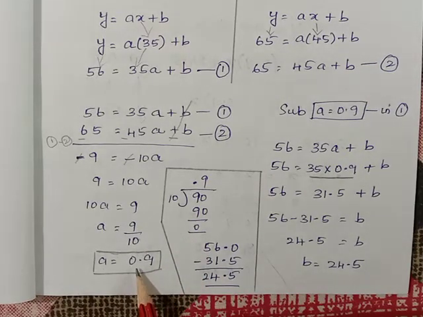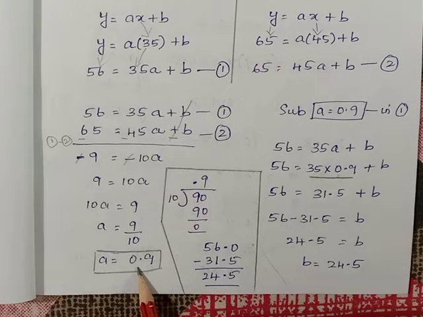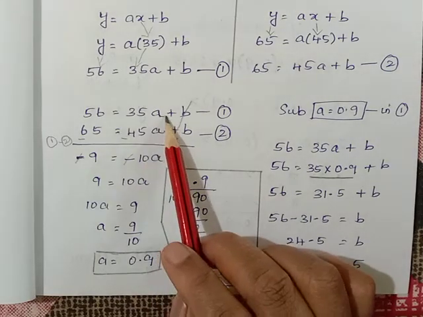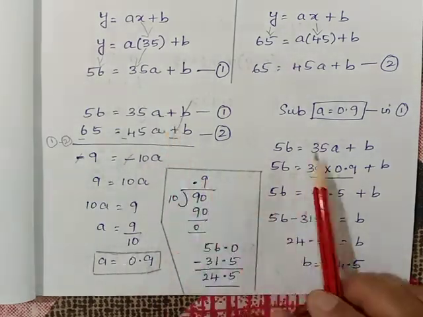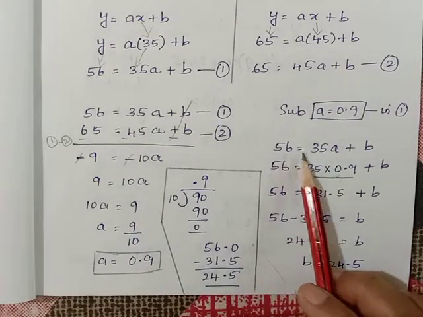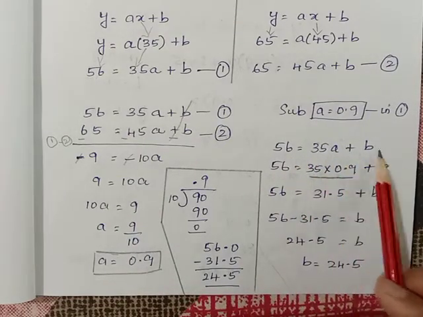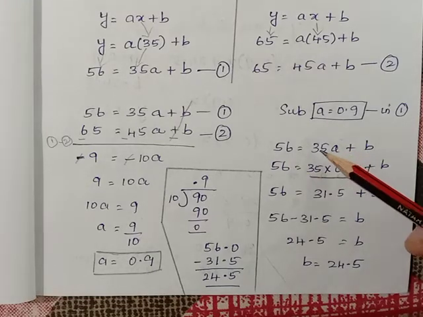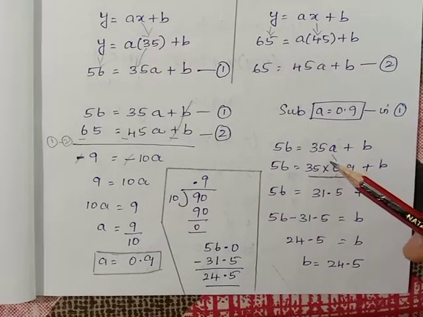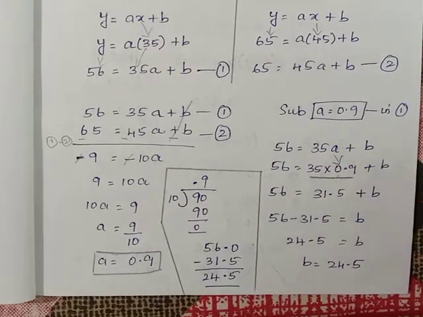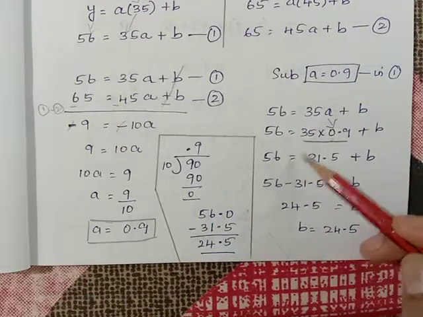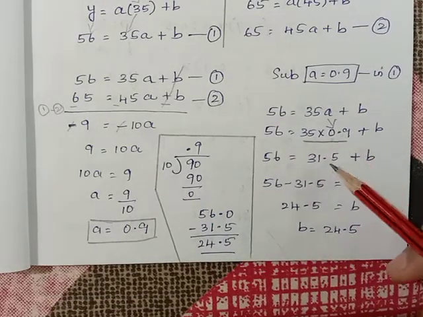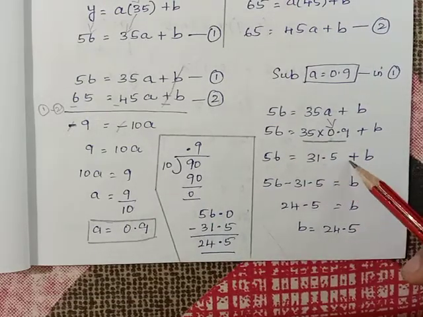We'll substitute this value a equal to 0.9 in equation number 1. The equation is 56 equals 35a plus b. Instead of a, we'll write 0.9. So 56 equals 35 into 0.9, which is 31.5, plus b.